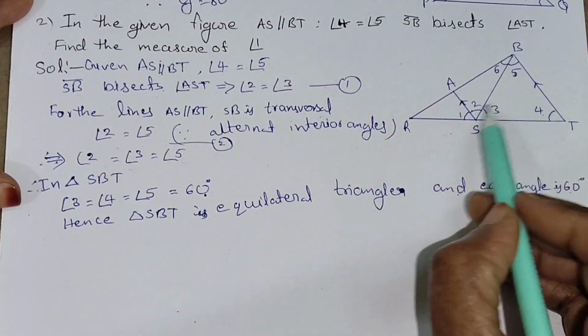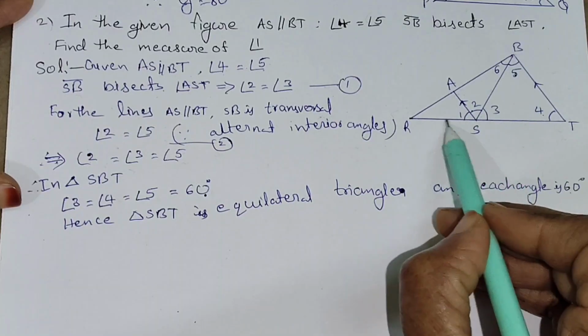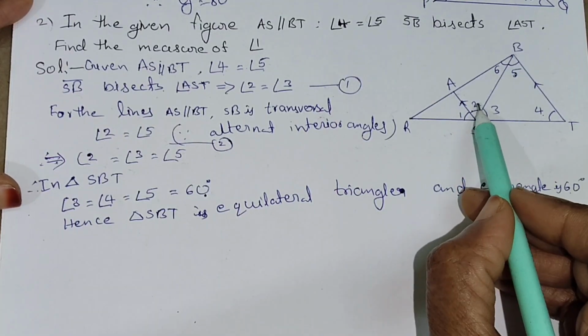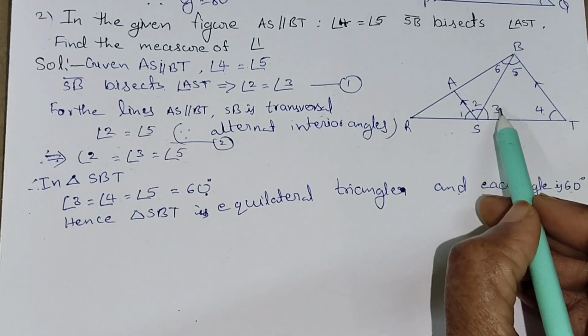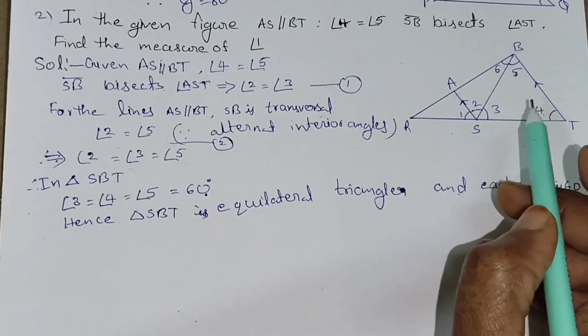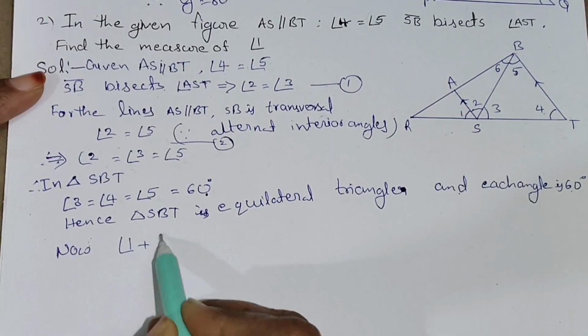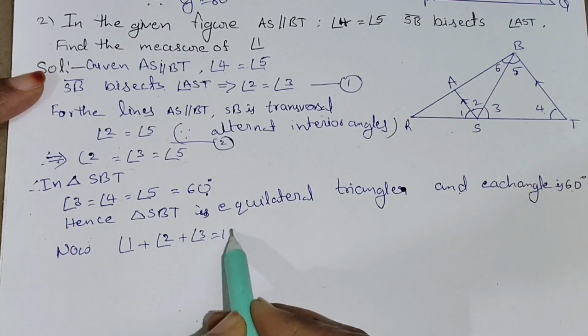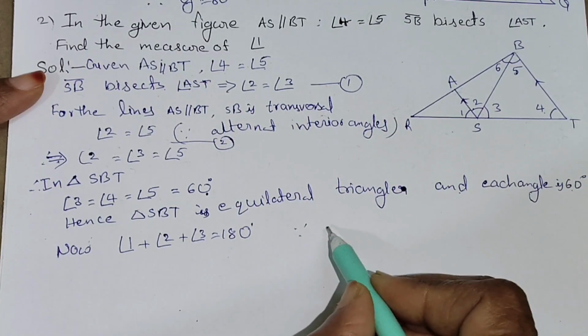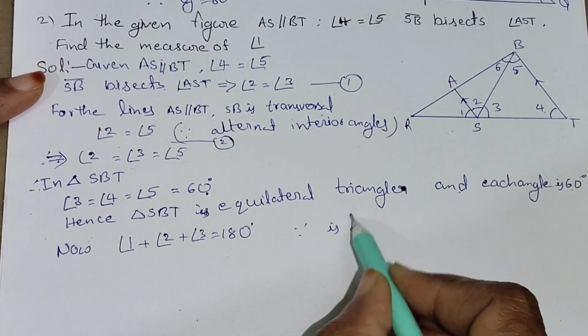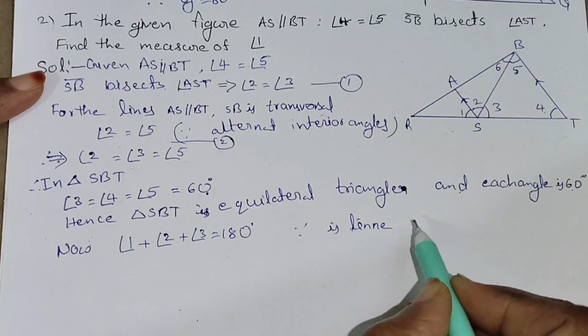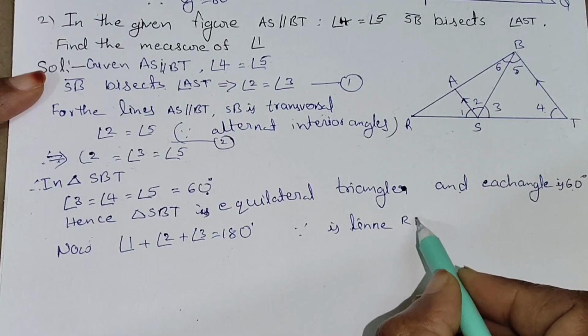Now we know angle 2 and angle 3. This is a straight line, so the sum of angles 1, 2 and 3 equals 180 degrees, because it is line RT.